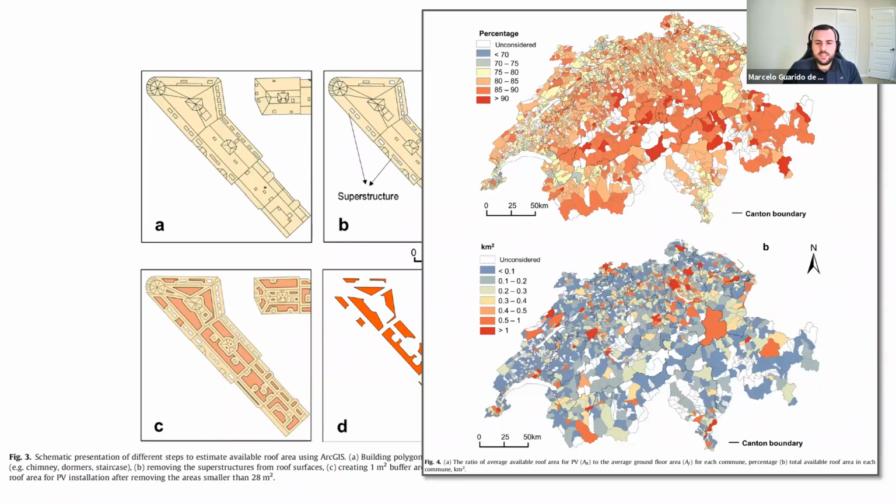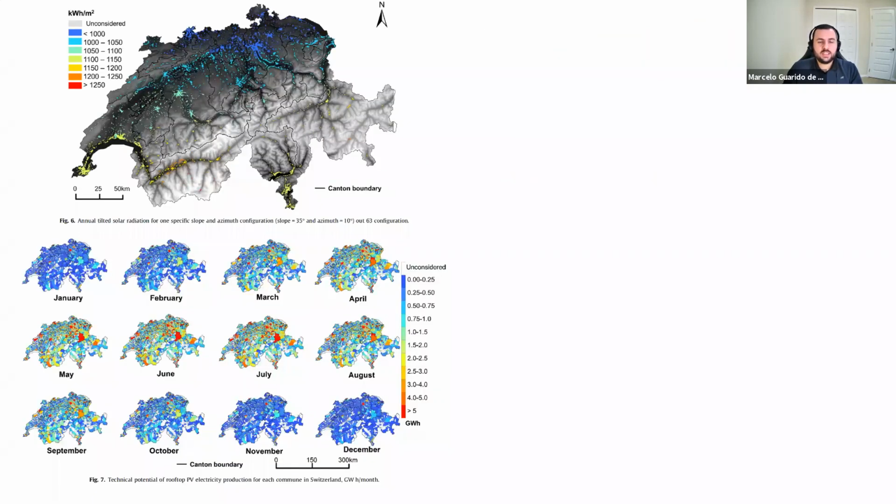They also made a further calculation. It's not just installing the solar cell. You also need to understand the sun position, the azimuth, and the slope of the rays that are coming. So they calculated here, for this specific case, an azimuth of 10 degrees and a slope of 35 degrees. And they see how much could be produced from the sun on those areas.